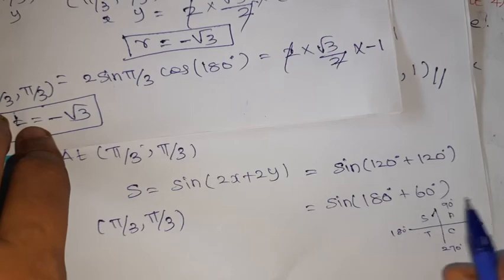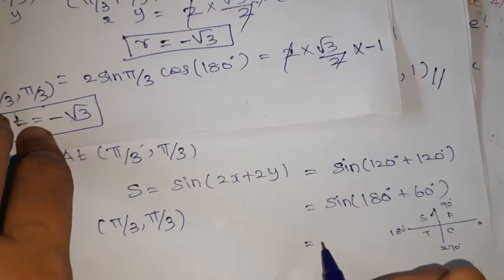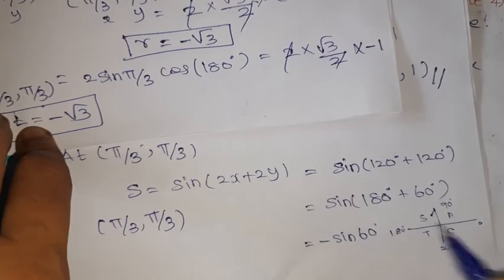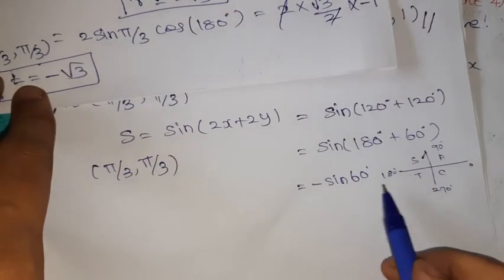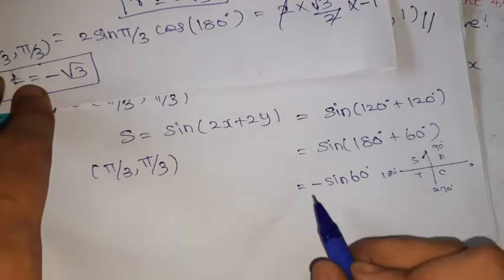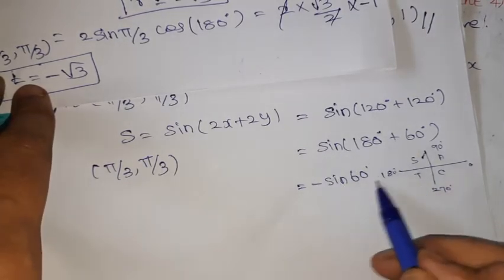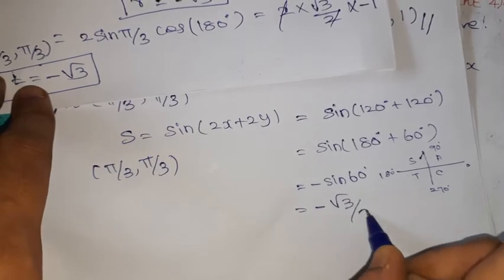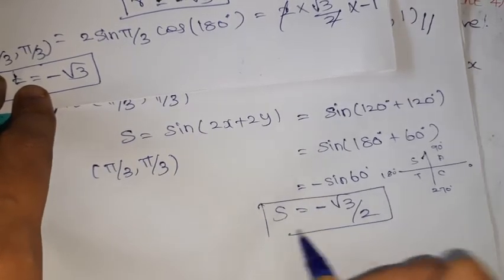So sine of this is minus sine of 60 degree, right? Minus, since this comes under the third quadrant. This is a basic trigonometric function. So sine 240 is minus sine 60, which is minus root 3 by 2. So S value is minus root 3 by 2.